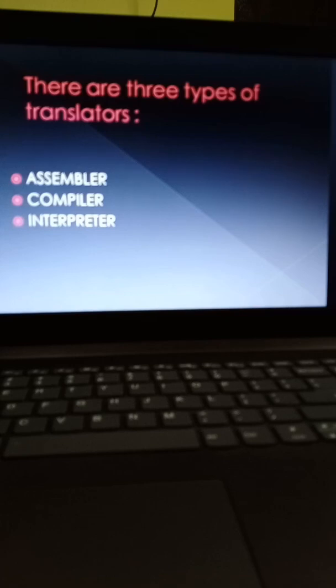Now next, what is a compiler? A compiler translates the whole program completely in a single operation. Then what do you mean by an interpreter? An interpreter translates a program in a step-by-step process. It is slower than the compiler process.